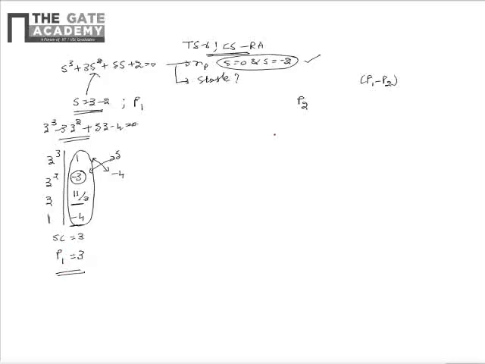Now, by performing the Routh analysis to the characteristic equation, we see that the Routh array can be formed as shown. The entries in the first two rows can be written as 1, 3, 5, 2, and the entry at this point can be written as 3 multiplied by 5 minus 2 multiplied by 1 divided by 3, that is 13 by 3, and entry at this point can be written as 2.